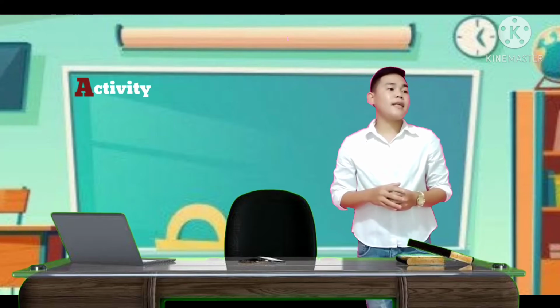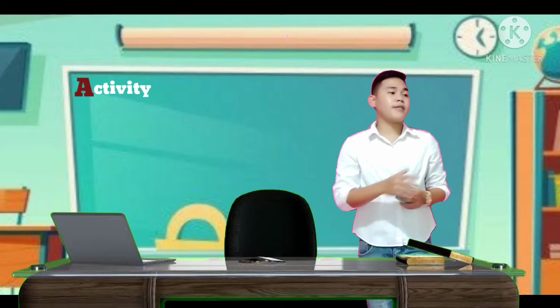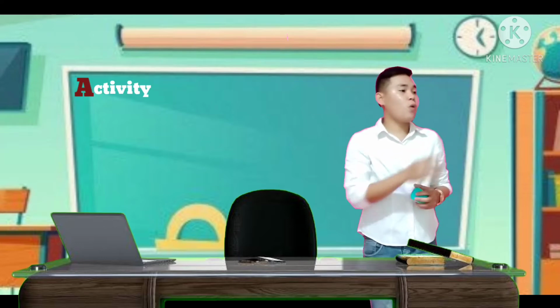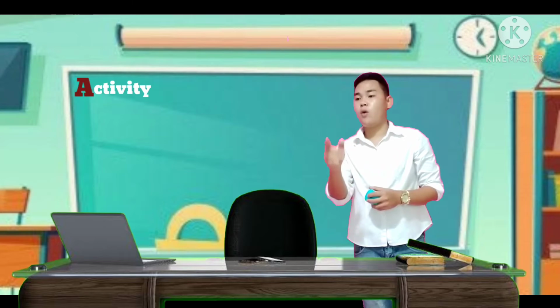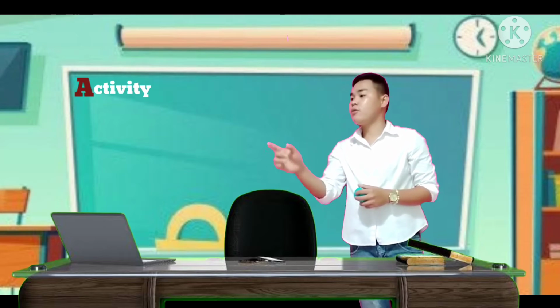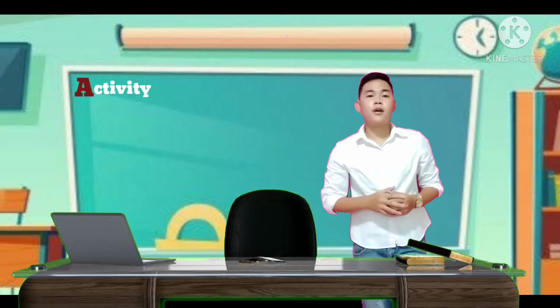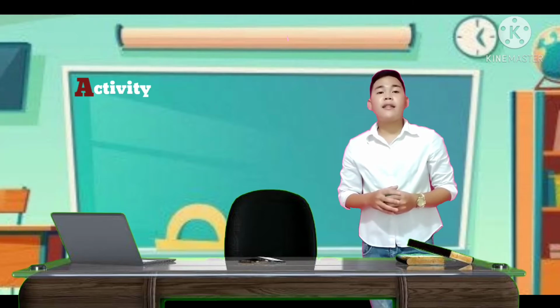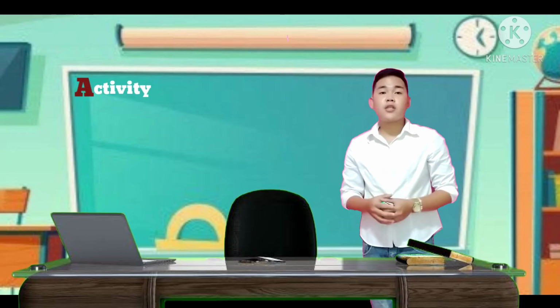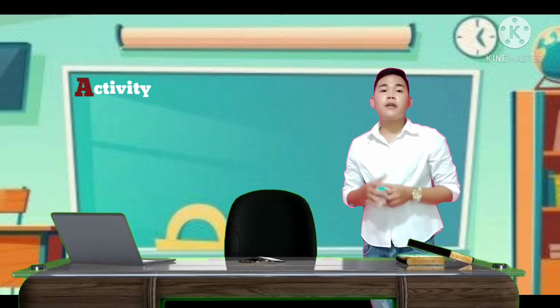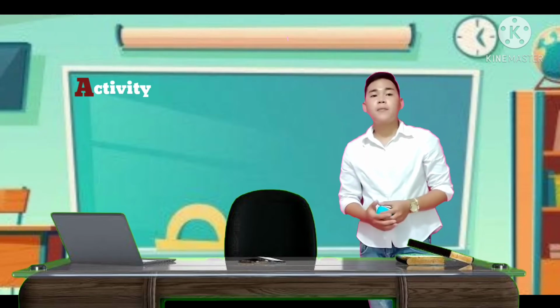So first, let's count. Starts here. 1, 2, 3, 1, 2, 3. Okay, let's assume that they have finished it. I will read the instruction given to you so you can follow me in answering it.